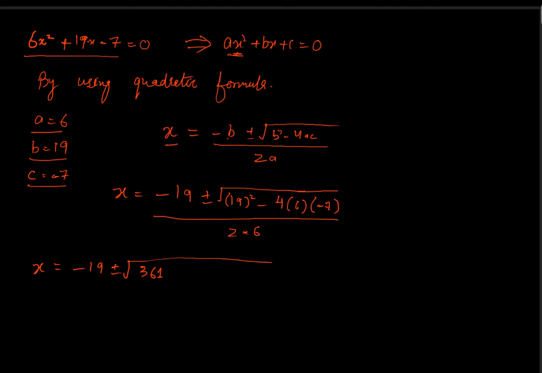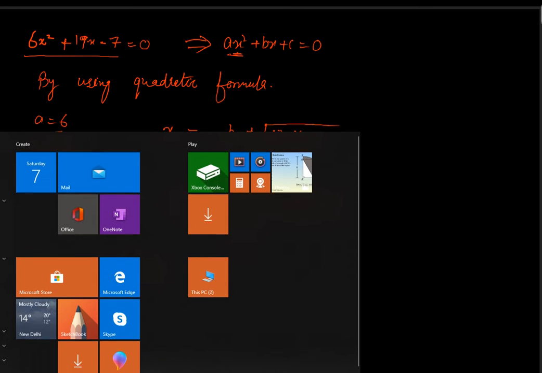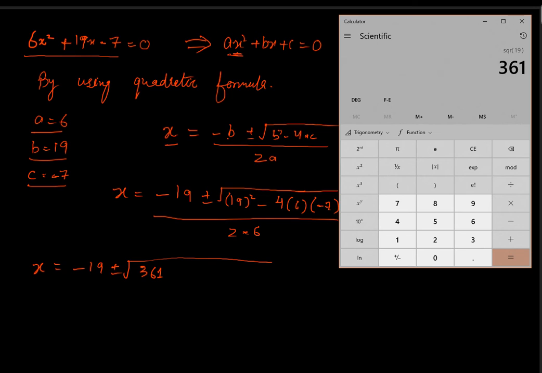And then you have -4 times 6 times -7, so I can again use the calculator. I put in the numbers 4, 6, and 7. 4 times 6 times 7 is equal to 168.